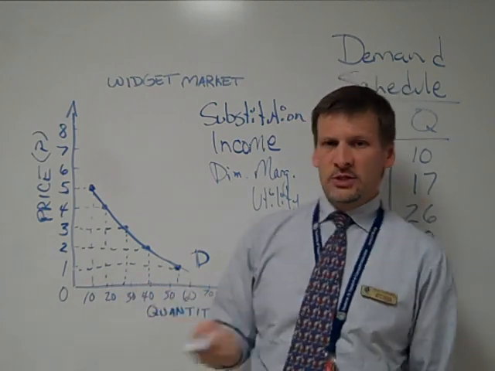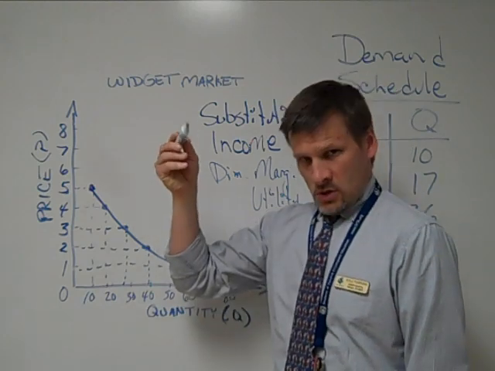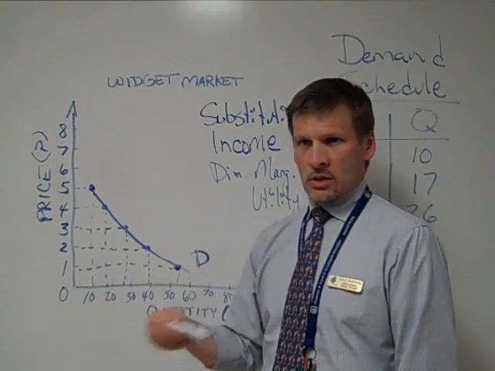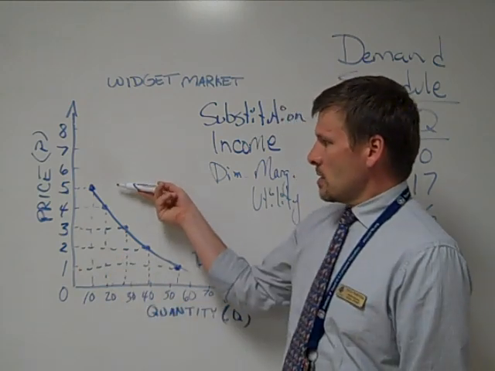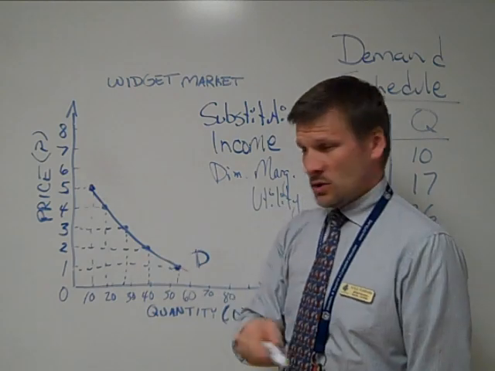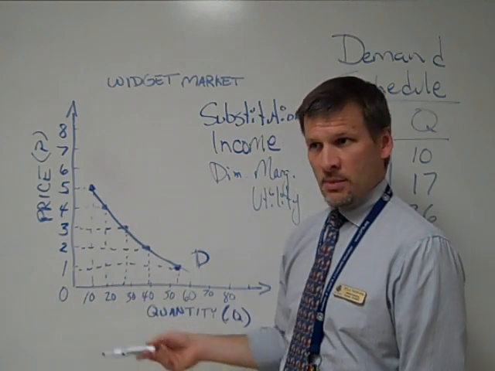So if consumers can substitute out of consuming a good, like Trix, when the price of that goes high, they'll purchase the other one. So it produces this high price, low quantity demanded combination.